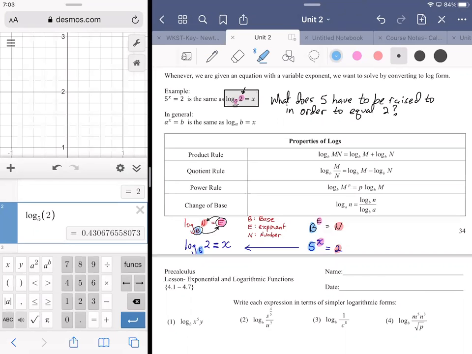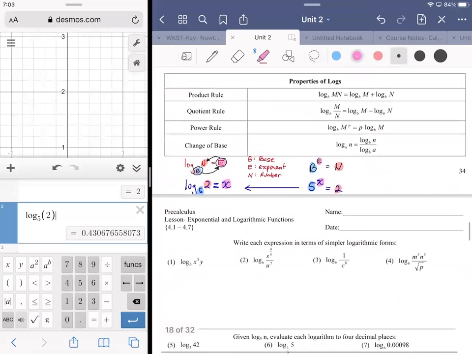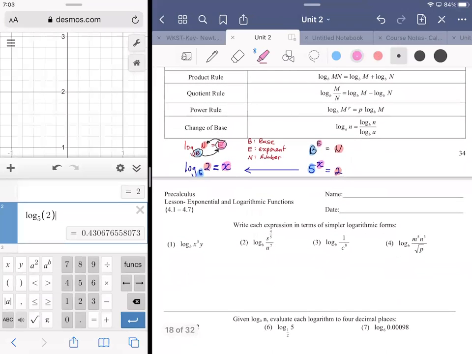If you write it in the appropriate form, you notice how in exponential form you have x on the left and the 2 on the right. In log form, the positions switch. So the 2's on the left and the x is on the right. I don't particularly care for that one because it relies so heavily on everything being in the same form all the time. But you just find the way that you like the most and go from there.